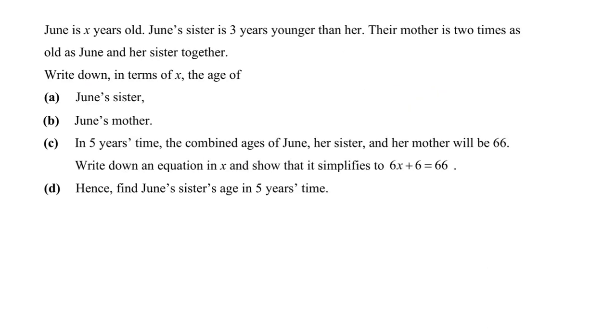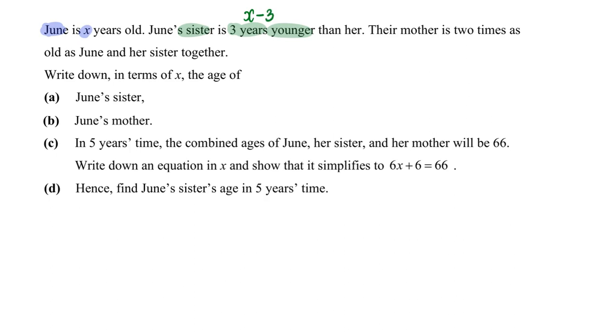Hello everyone, welcome to this question where we are given that June is x years. So I'm going to color code June is x. June's sister is 3 years younger. Okay, so in this case here, that would be x minus 3. Younger means minus 3.